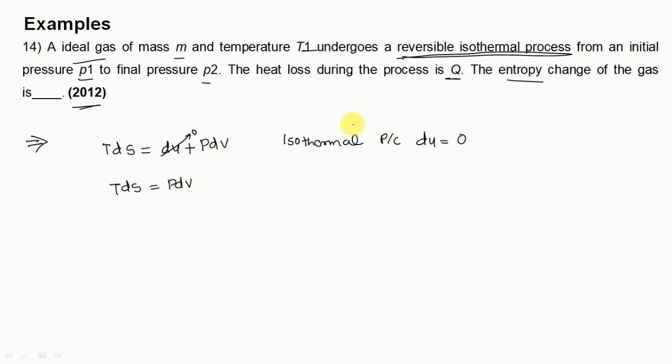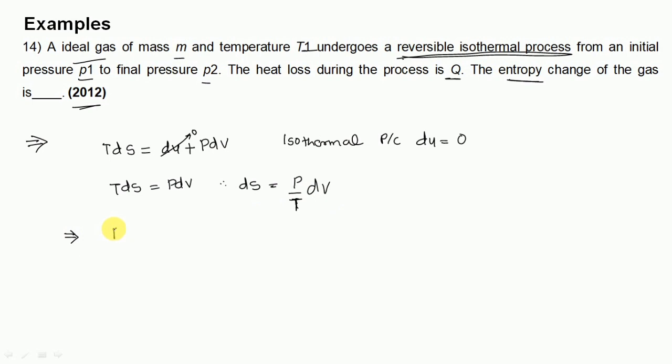But here you need to find the entropy change, so rewrite the equation as dS is equal to P upon T into dV. The problem is that P and T are both not constant with respect to V, since the integration is carried out with V. So I try to rewrite this equation.